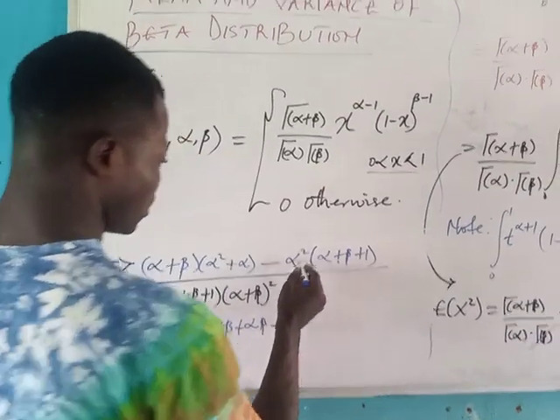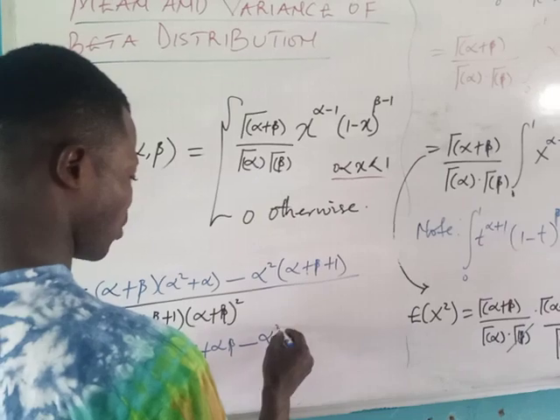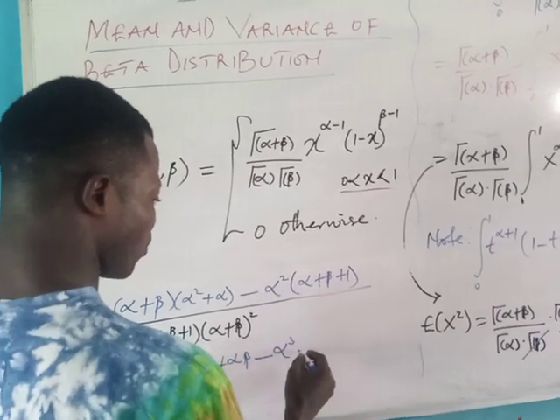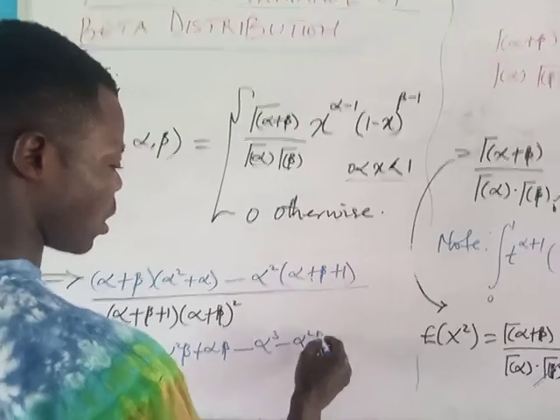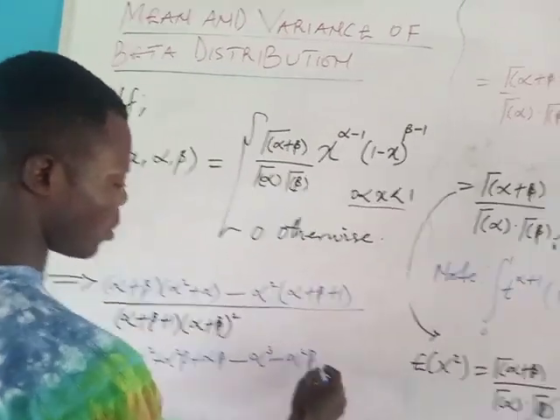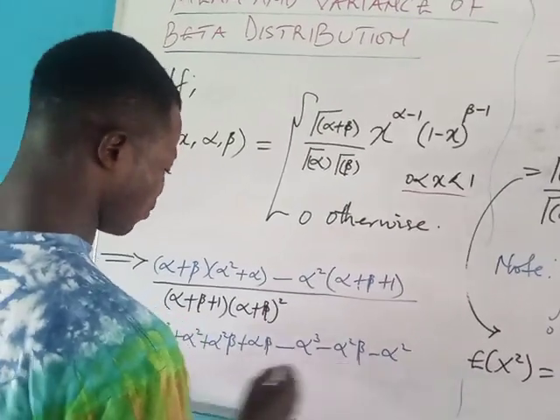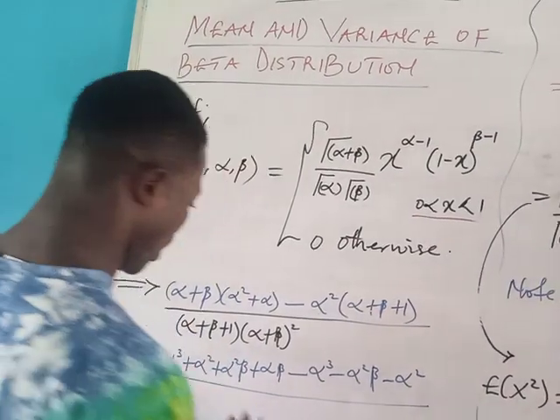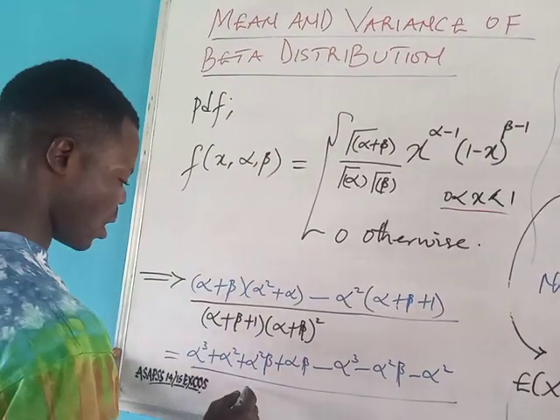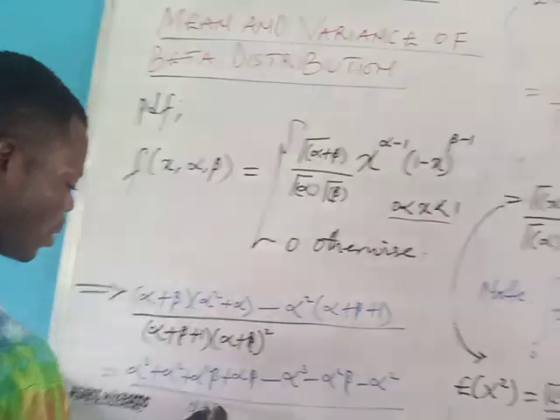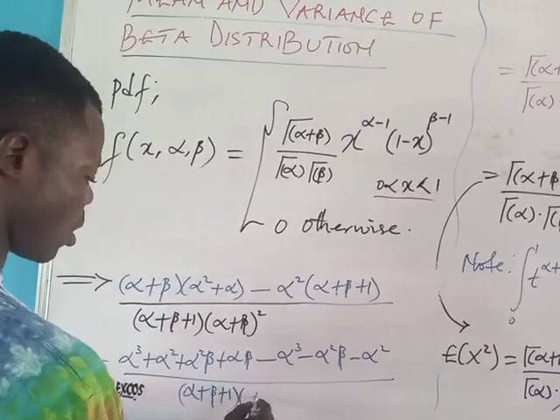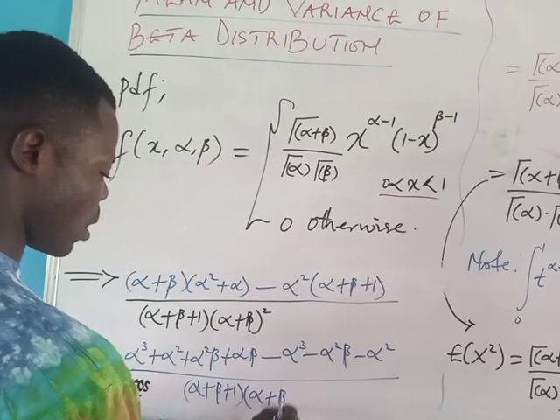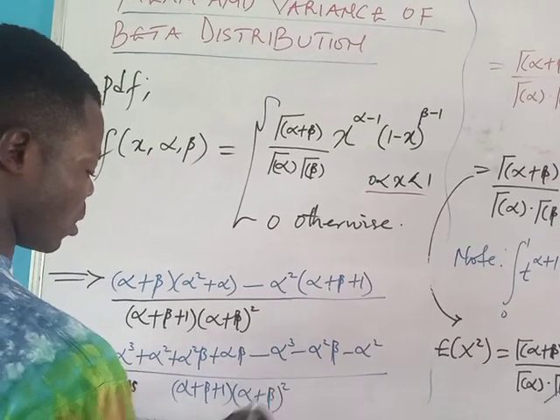Then minus, this time this will give us alpha cube. This time this will give us minus alpha square beta, and this time this will give us minus alpha square, all over. We can leave this like this as alpha plus beta plus 1 into alpha plus beta all square.